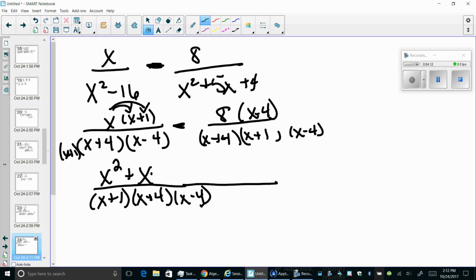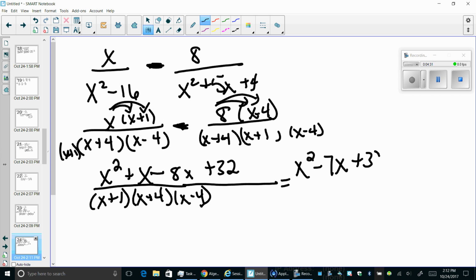And then I've got a minus 8 times x minus 4. So minus 8x, and then minus 8 times a minus 4 would be plus 32. So the top becomes x squared minus 7x plus 32, which doesn't factor. And the bottom is x plus 1, x plus 4, and x minus 4. So that looks like D.